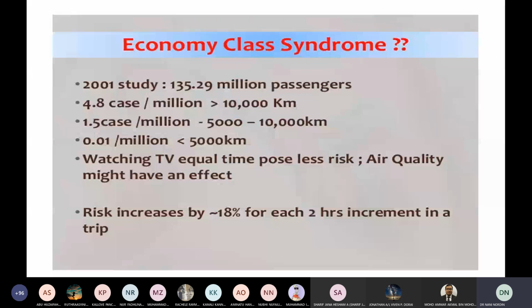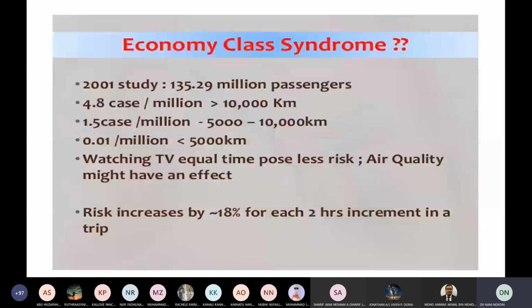They found that among those who traveled more than 10,000 kilometers, there were about 5 cases of DVT per million. So the longer you travel, the higher the rate of DVT.